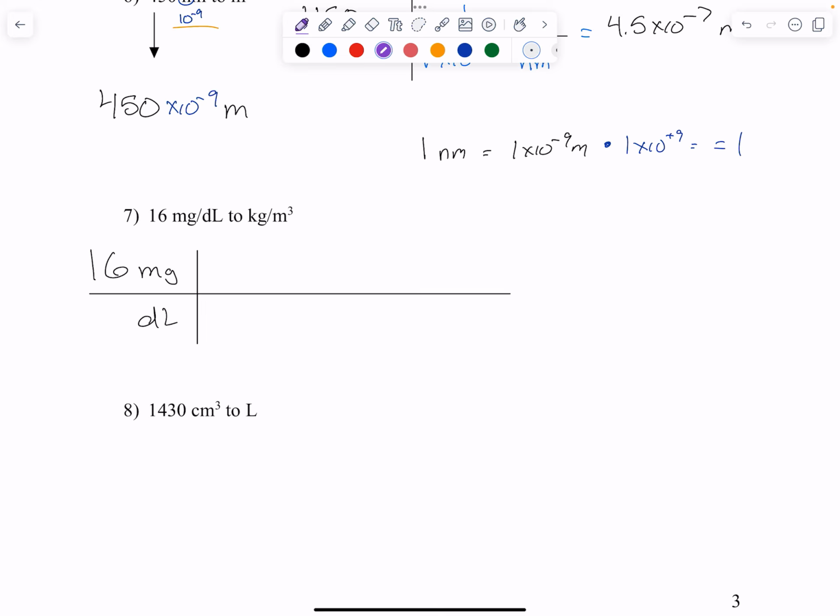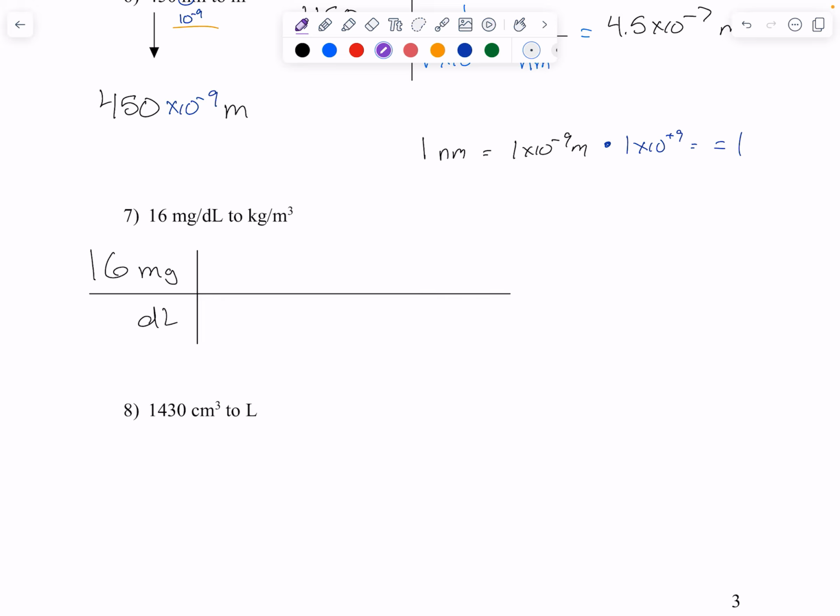So we'll put milligram to kilogram. Now, there are some of you who are fantastic at the metric system, and if you can just put that down, feel free. I am not going to do that. I'm going to go from milligrams to gram and grams to kilograms.